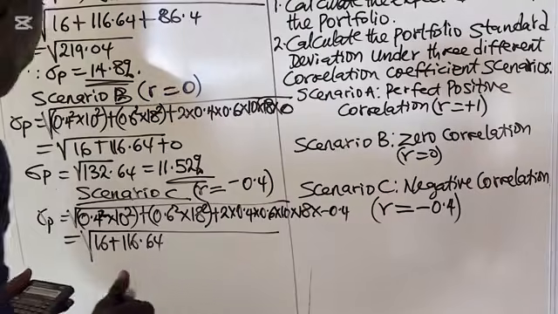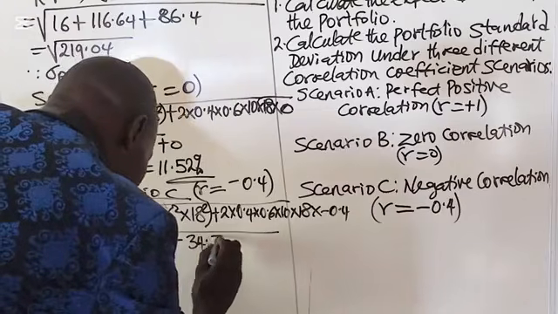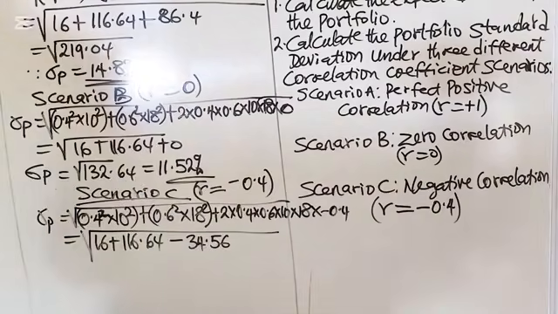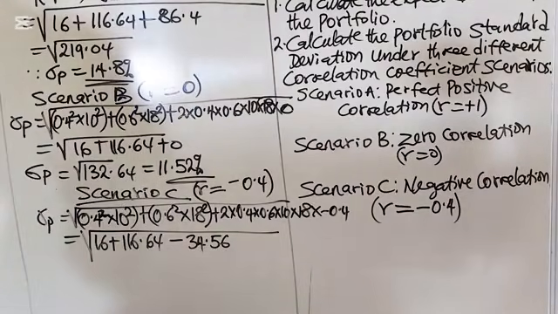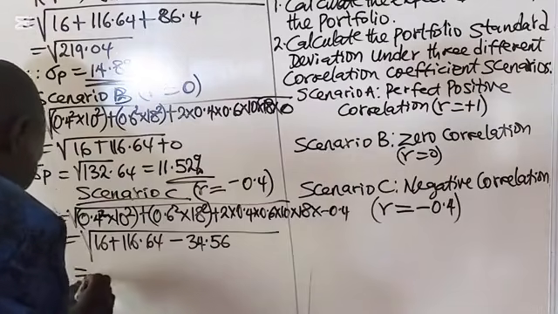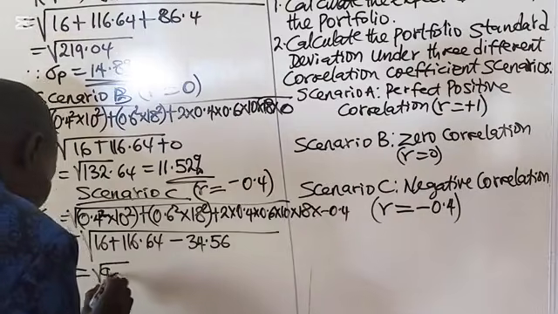This is minus 34.56. So what is the sum? Minus 34.56 plus 116.64 plus 16, then you have the square root of 98.08.